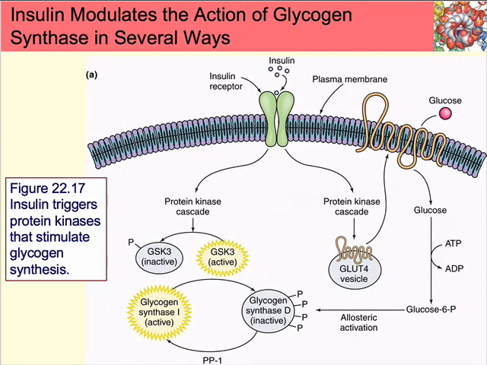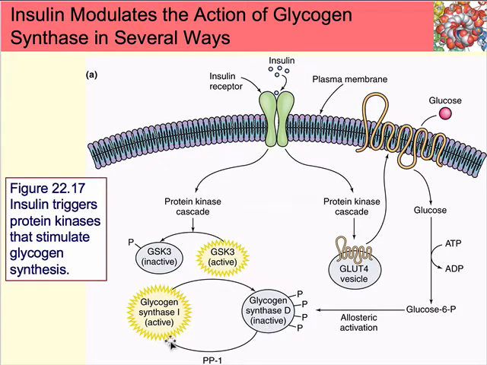Insulin triggers a series of protein kinases that stimulate glycogen synthesis. Here's a protein kinase cascade, turning the active GSK3 into a GSK3 that's inactive by phosphorylation. GSK stands for glycogen synthase kinase, and the active glycogen synthase kinase converts glycogen synthase in an active state into an inactive state by phosphorylation, as we've said. So this is the phosphorylation that we talked about in the last slide.